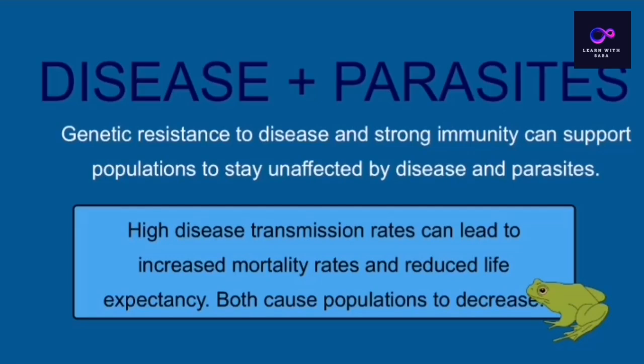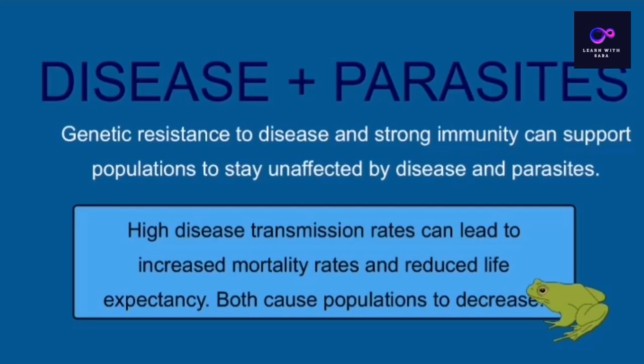The same happens in animals and plants. If any disease spreads among animals and reduces their population, the species that survive have a strong immune system.